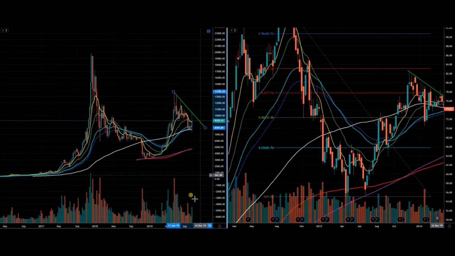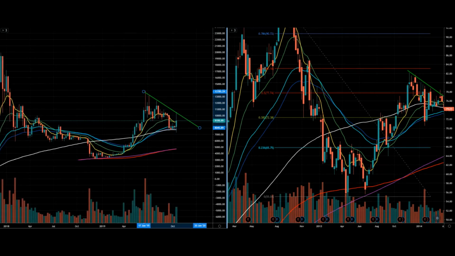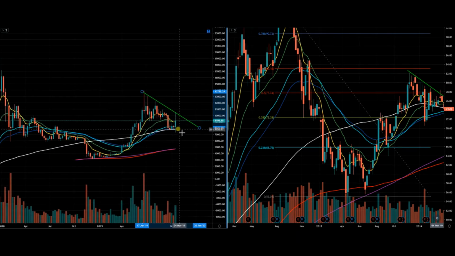Now, for Bitcoin to start turning into a bullish market, even though it did bounce 30% in the last couple of days, it needs to break above this. So we're probably going to chop about in here somewhere, but we need to break above this. If we don't break above this, Bitcoin can't go anywhere.